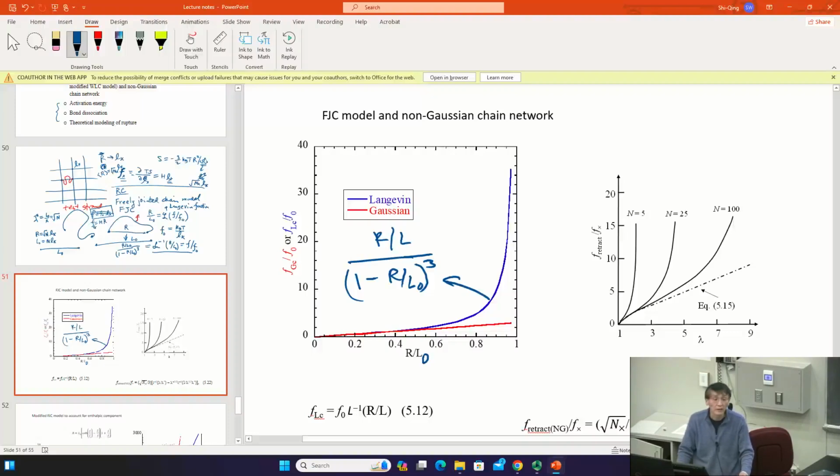So this is classic. This is in Rubinstein and Colby's book. It says the force can keep building as you straighten the chain. One piece of information you may find useful is to have a sense of what is this F0. You can estimate.